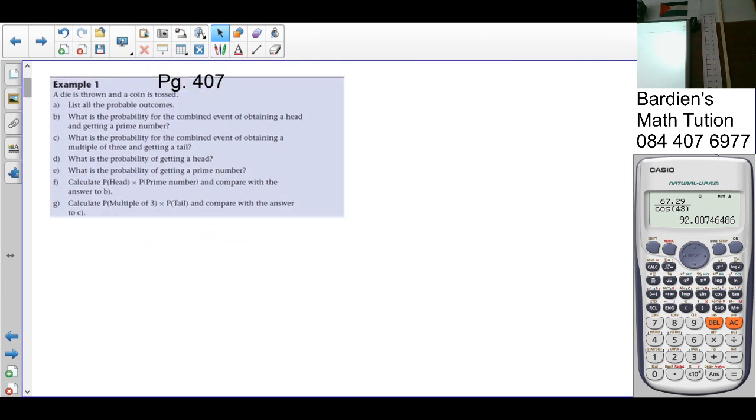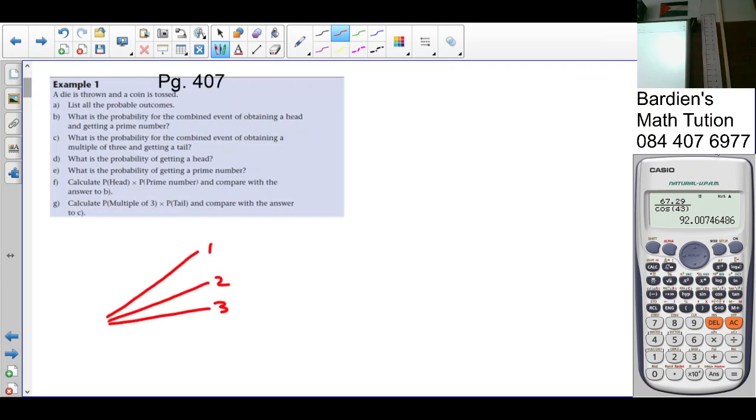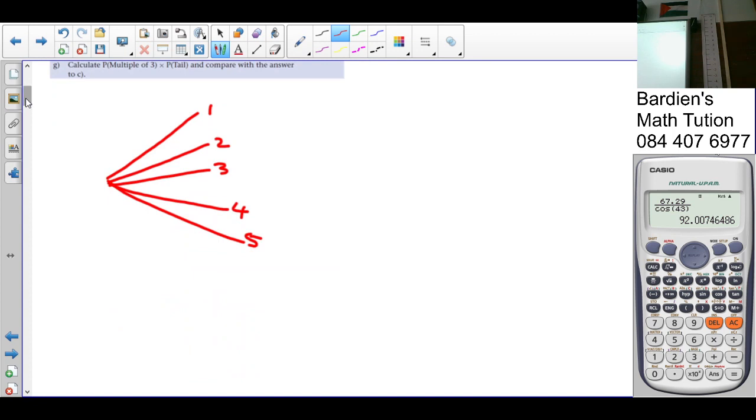Right. So, if you throw a die, how many sides to a die? 6. So you can either have a 1 on it, a 2, a 3, a 4, a 5, or 6.